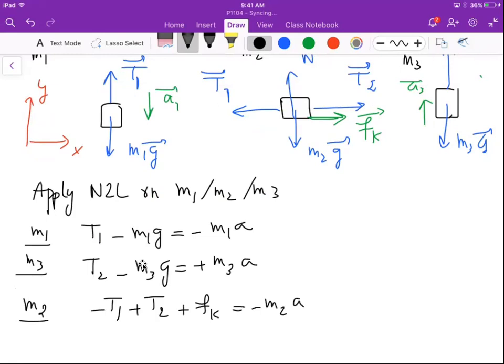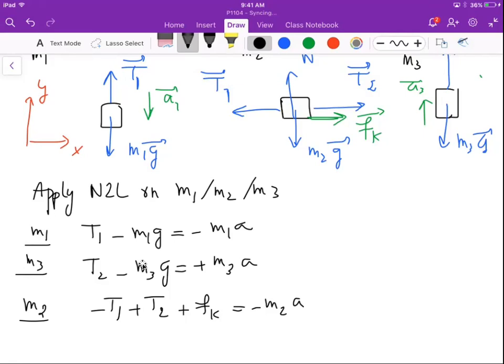And this is along the X, so the projection along the X axis, and the projection along the Y axis is very easy. So we have plus N minus M2G equals 0 for the simple reason that the block M2 has no motion along the Y axis. So at the end of the day we end up with three equations.